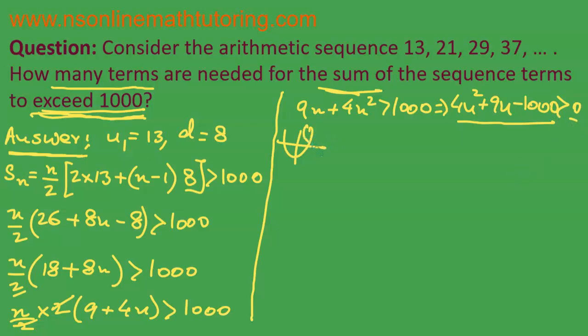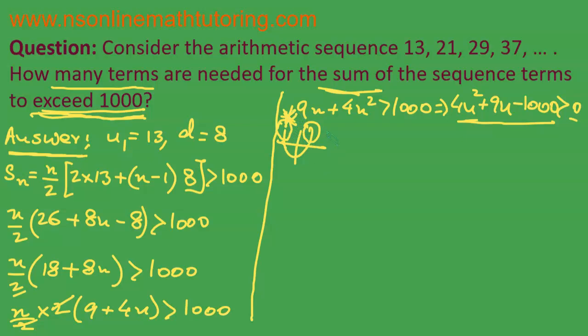So we may take this part or this part. Both parts give us positive values of the function. But for this part, the corresponding n values will be negative. And what is the meaning of n? N stands for the number of terms present in the arithmetic series, which cannot be negative. Therefore, we have to reject this part.